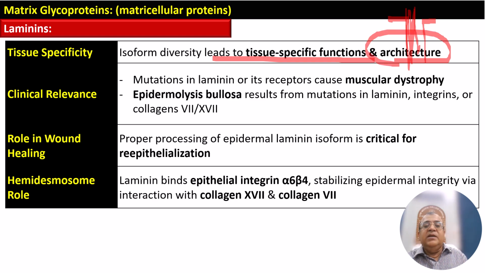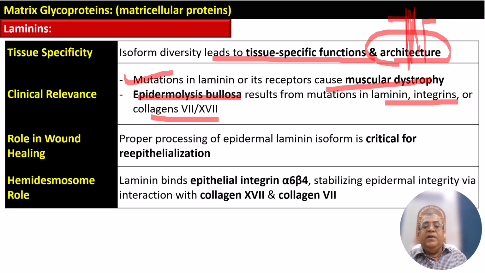The clinical relevance of laminin is that if mutated, it will result in muscular dystrophy, and epidermolysis bullosa results from mutation in laminin, integrin, or collagen 7 or 17.